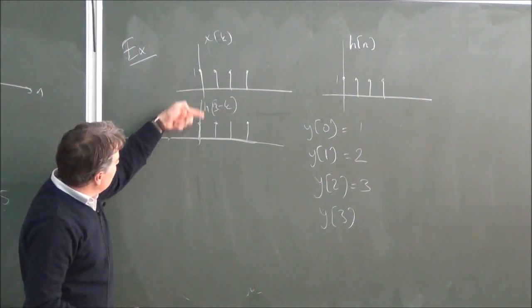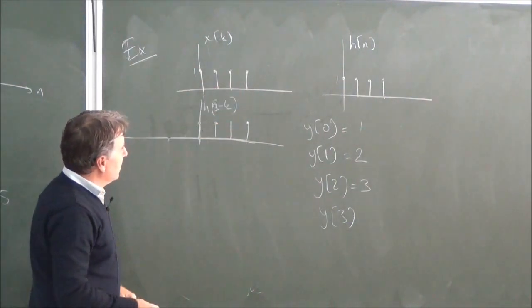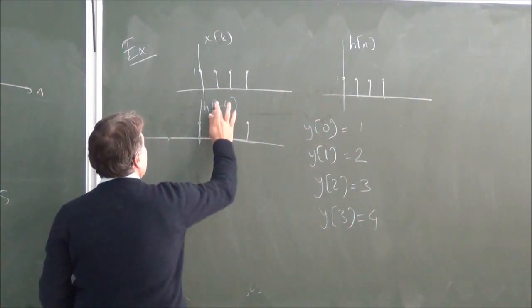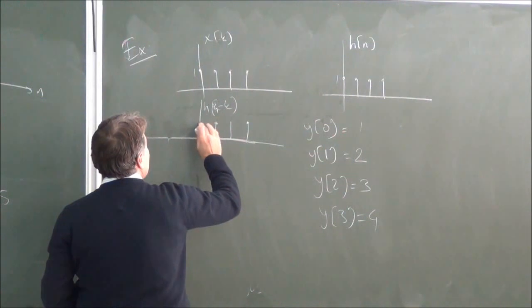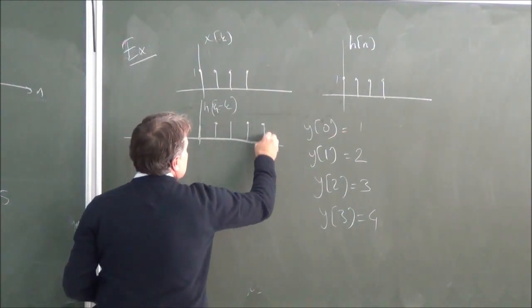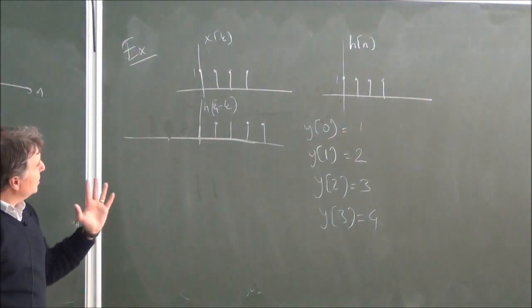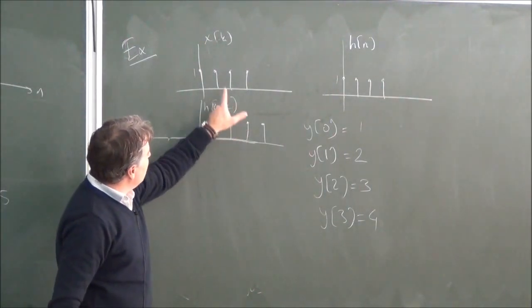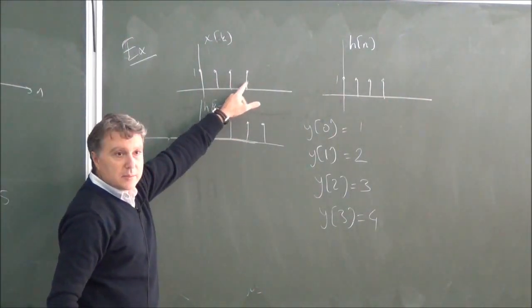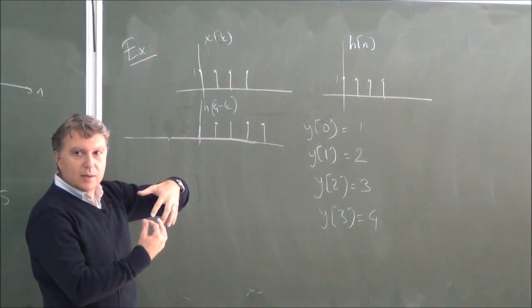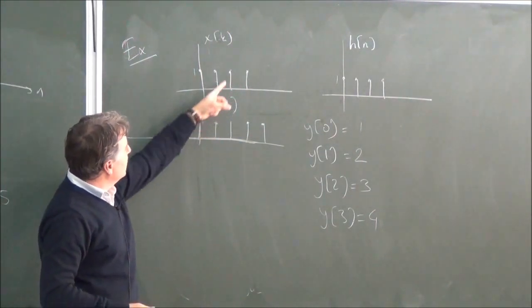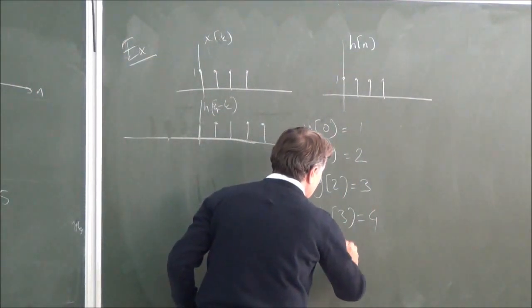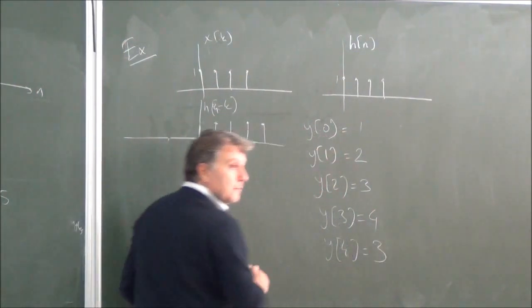And the multiplications are 1, 1, 1, 1, and their summation is 4. H of 4 minus k, what is that? It's this, shifted towards right. Now, this time these three items are overlapping these three items. They are multiplied one by one, and the multiplications are 1, 1, 1. There are only three of them. The summation is 3.